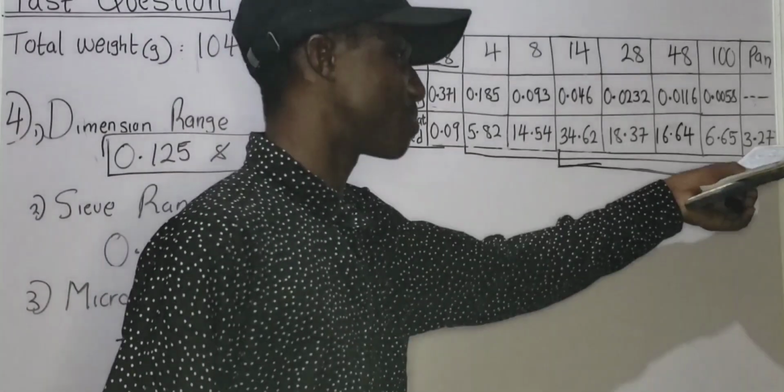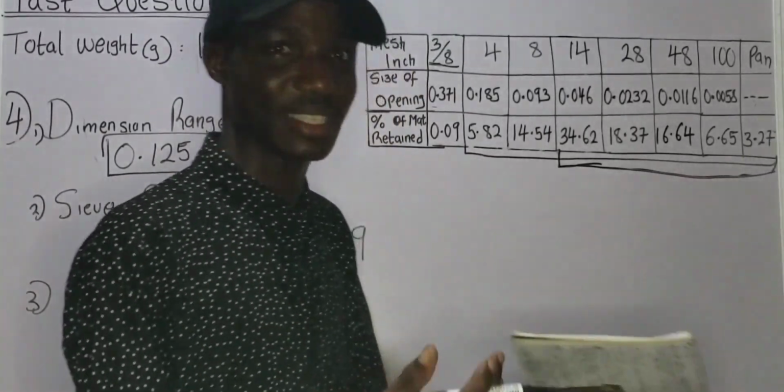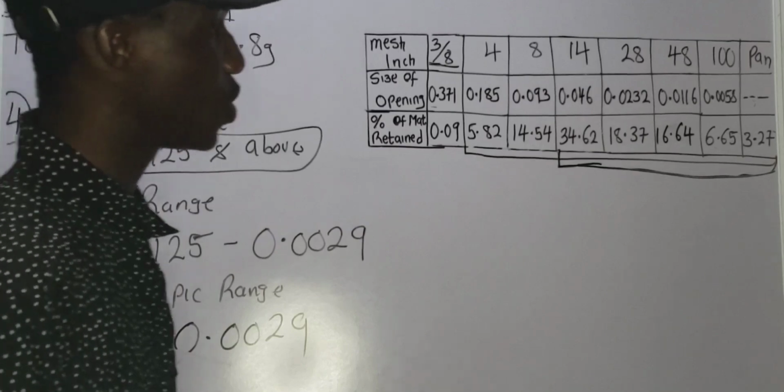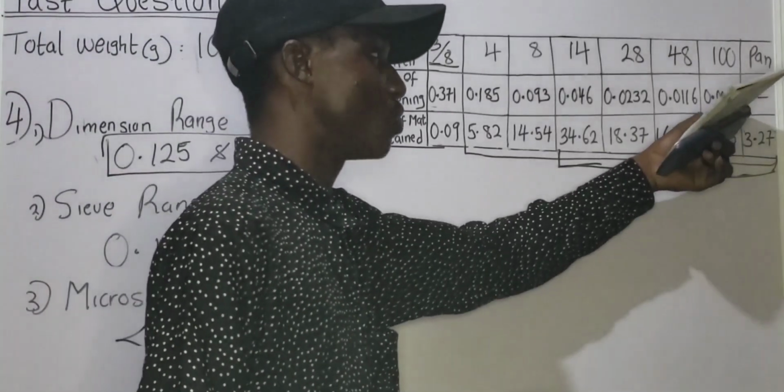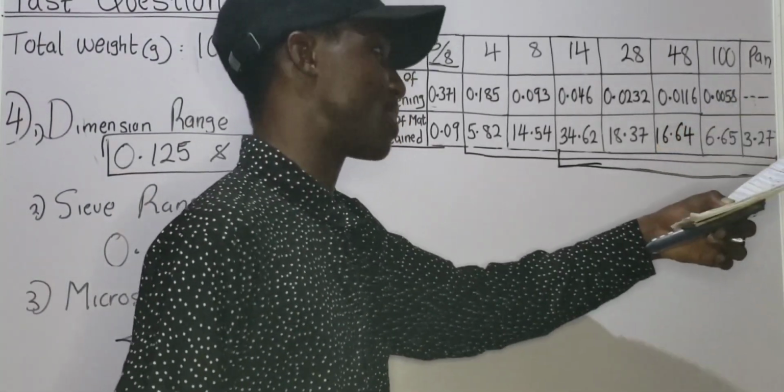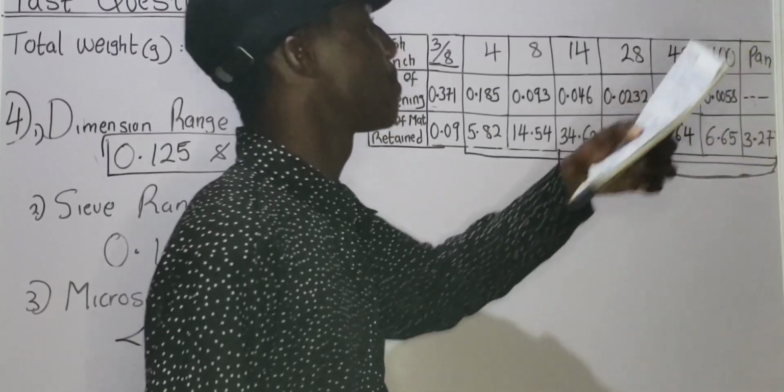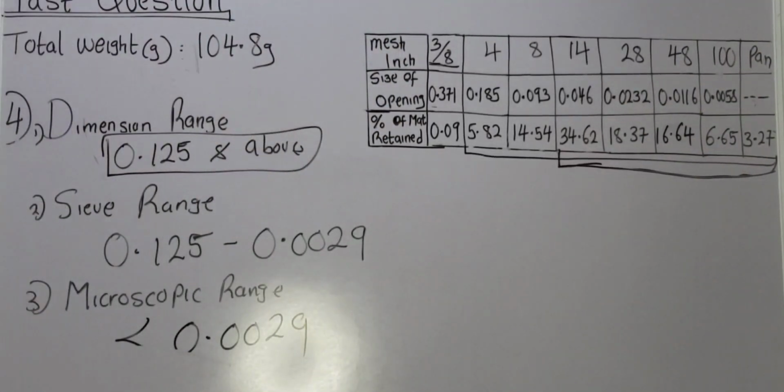We have 3.27 percent of the materials inside the pan. So something might pass through another mesh to enter the pan. So the size range of materials inside the pan is the sieve range.